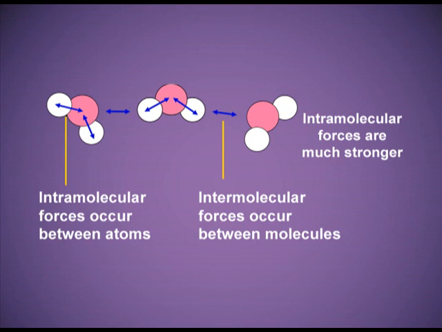These are the intramolecular forces between the atoms. The blue arrows are joining or connecting oxygen with the hydrogen. These are intramolecular forces. Now you can see the intermolecular forces occur between the molecules. The intermolecular force means the forces between two different molecules.